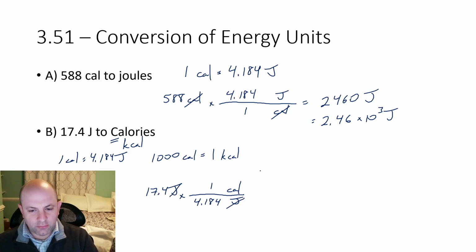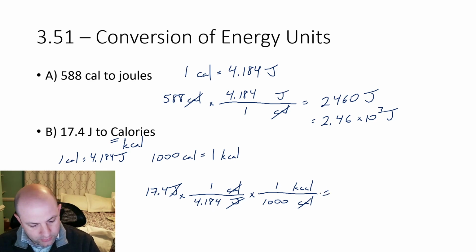Now we'll do our second one to say, okay, we want to go from small calories to kilocalories, big C calories, and here it's 1 over 1,000, and that means calories will cancel out. So we're going to divide by 4.184. We're then going to divide by 1,000. So it's going to be a pretty small number.